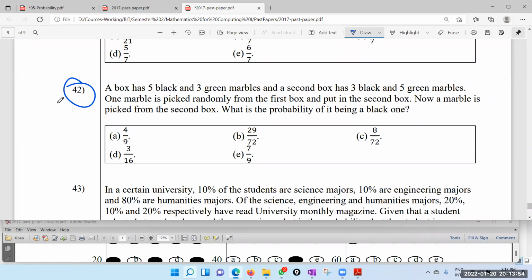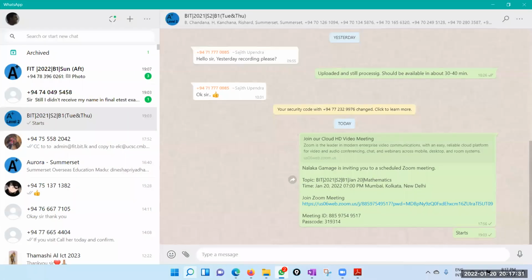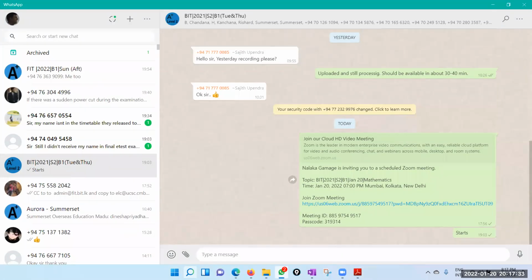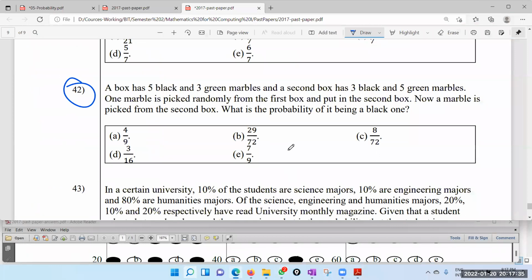You don't have to use Bayes theorem or whatever, just the basic concepts. Do it. Okay, let's do it. Anyone got the answer? The correct one. If you can post it to the WhatsApp with steps, that is even better. Then we can see whether you got the correct approach also.